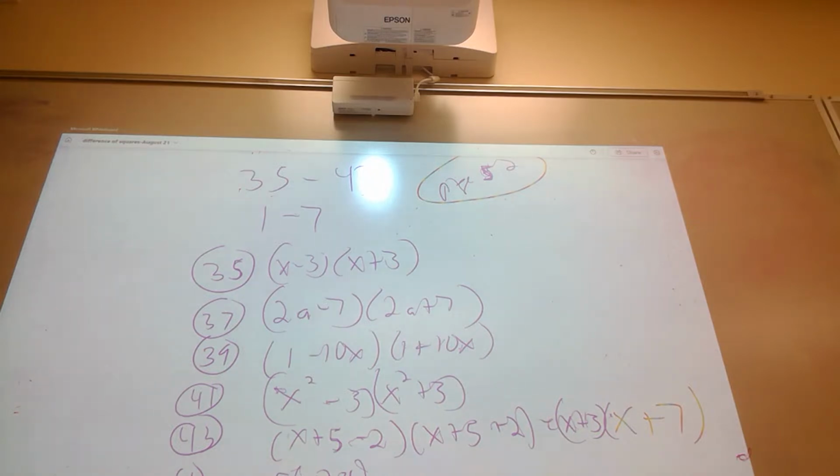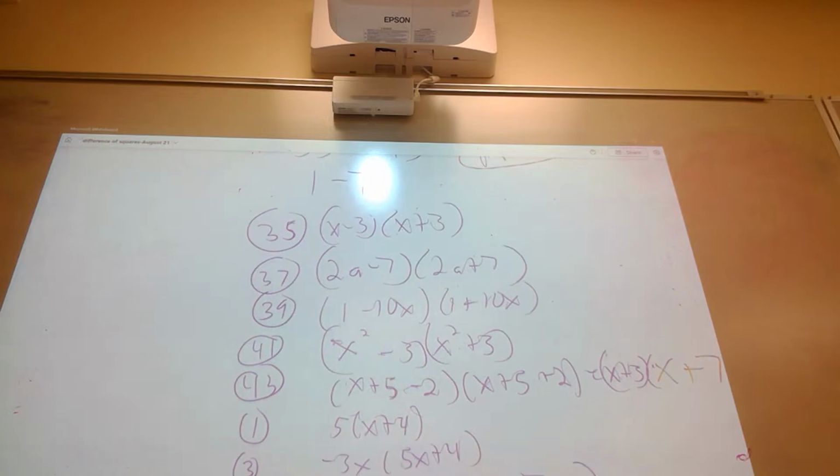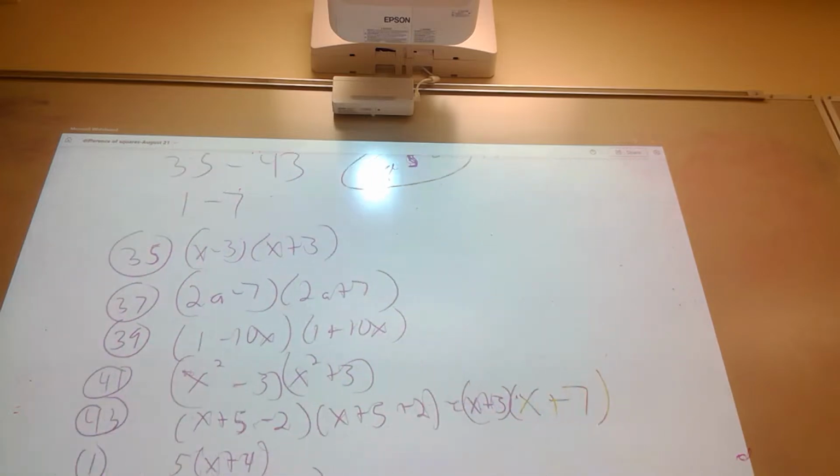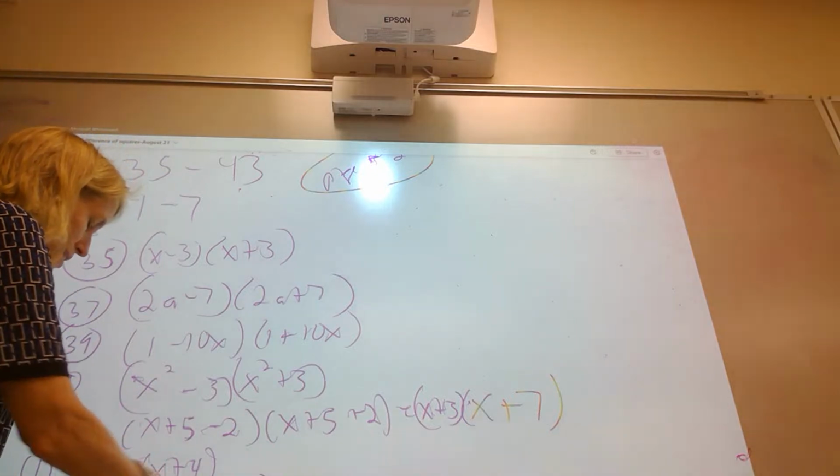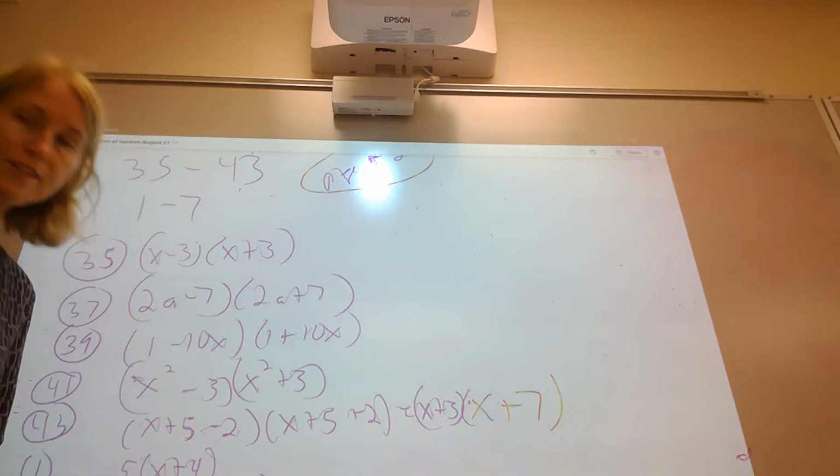So you're pulling out a 3x. Now you can pull out a negative. If there are two negative terms, they often pull out a negative. So in that case, we have negative 3x. They pull out a negative. It's simpler than having the two negatives there. So we have minus 3x times 5x plus 4.